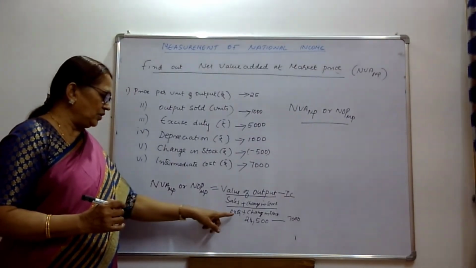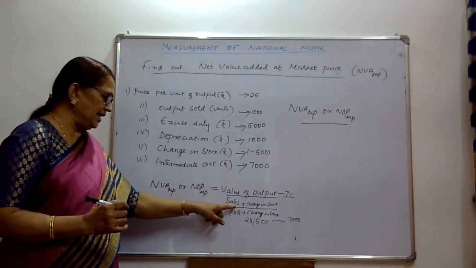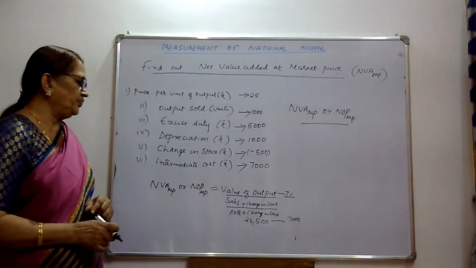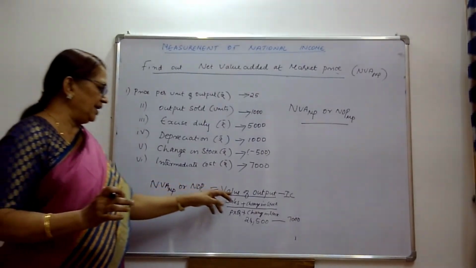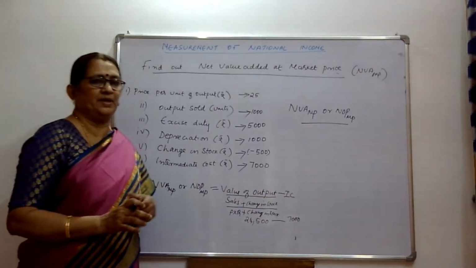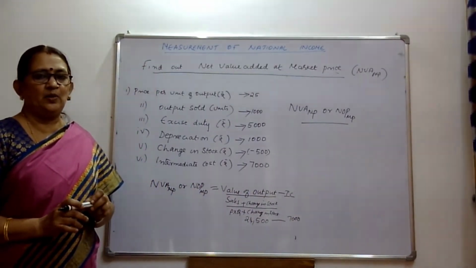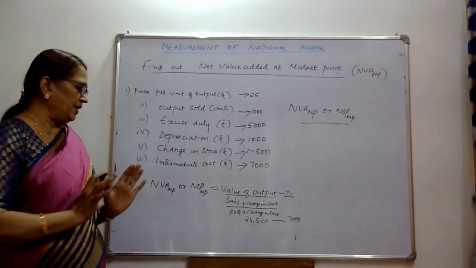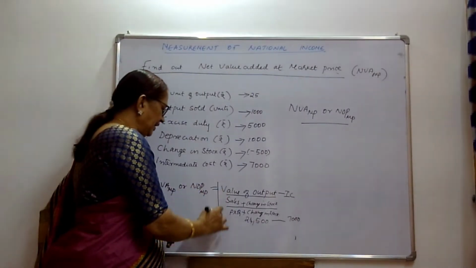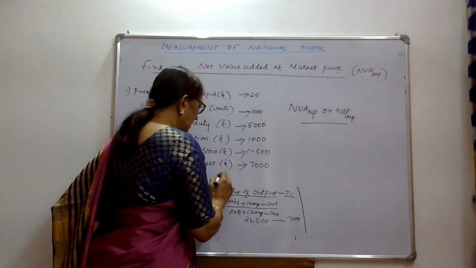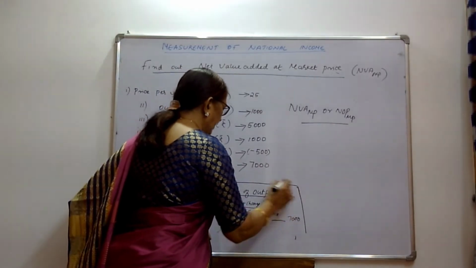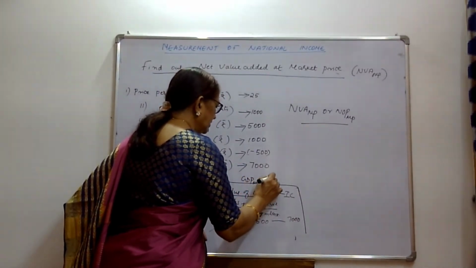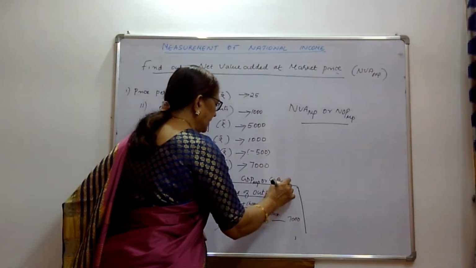Okay. So price into quantity is sales. Sales plus change in stock we get value of output; minus intermediate consumption we get value added. That is gross value added at market price, or GDP at market price.